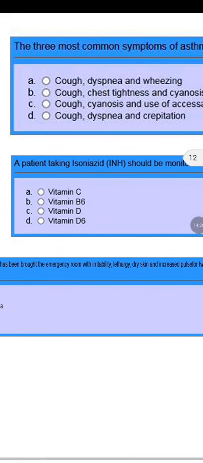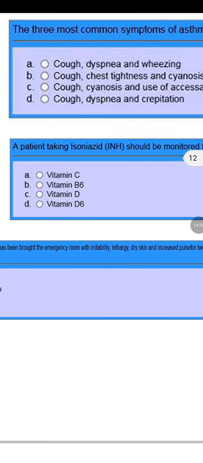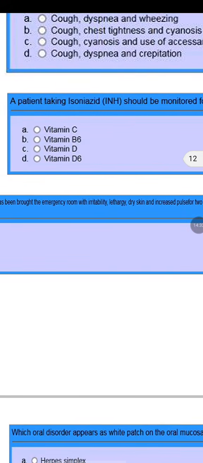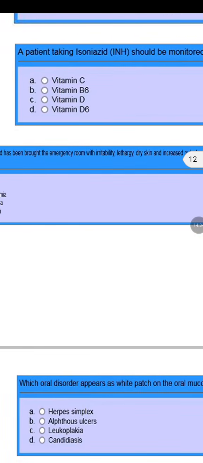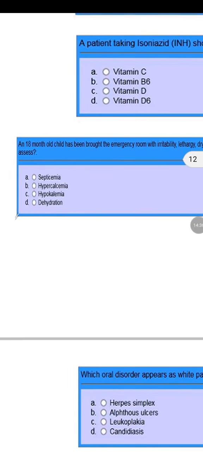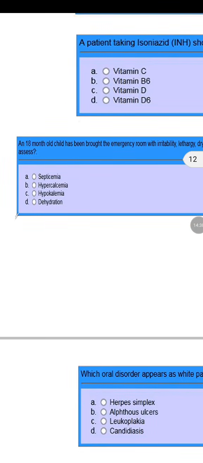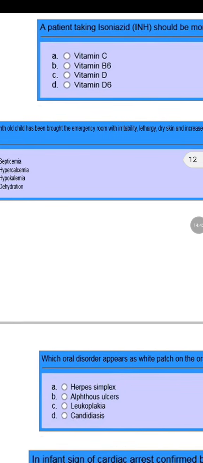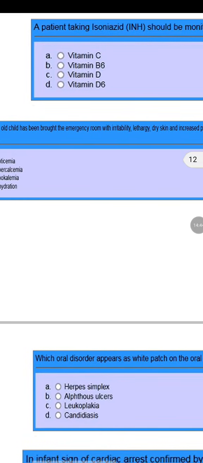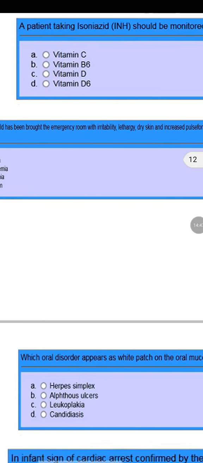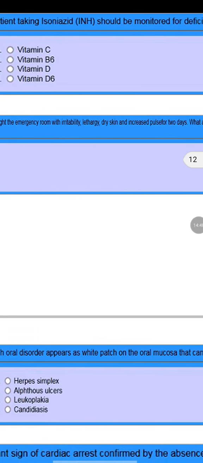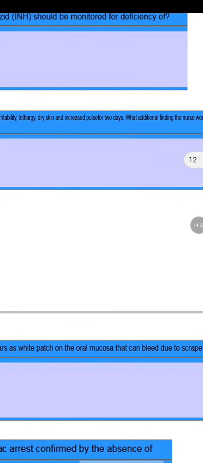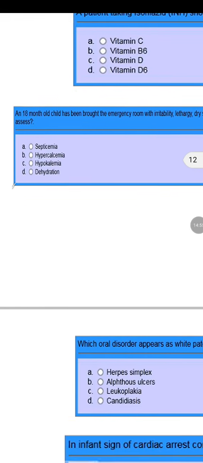The patient taking isoniazid should be monitored for deficiency; isoniazid deficiency causes vitamin B6 deficiency. A child in the emergency room has instability, dry skin, and increased perfusion today. What are the additional findings the nurse would expect?